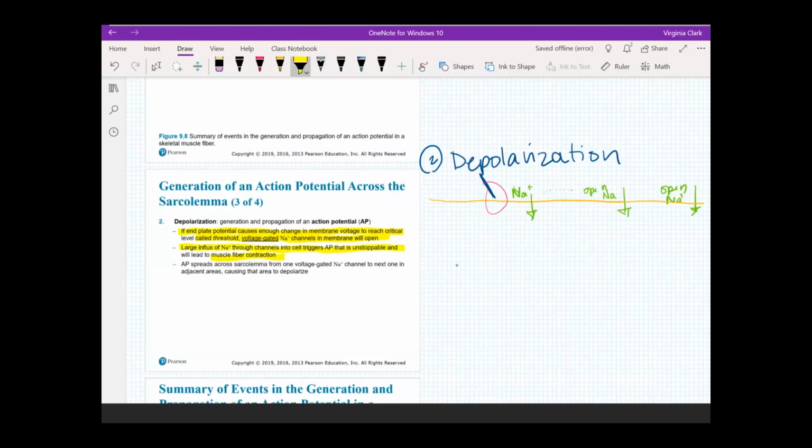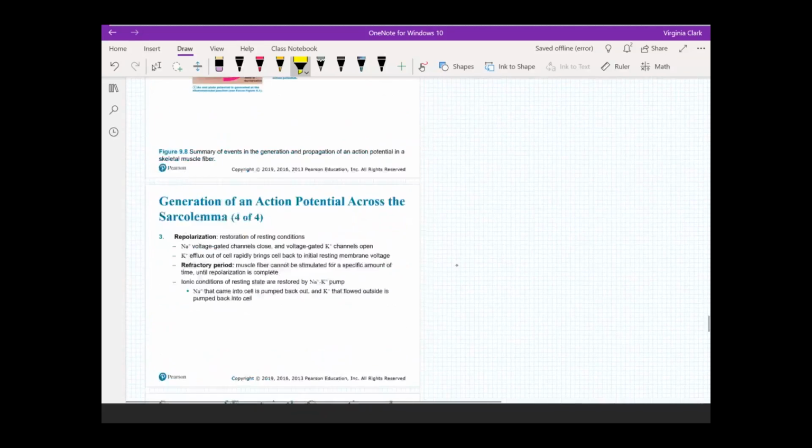This essentially spreads the action potential down the sarcolemma from one voltage-gated sodium area to the next, so everything depolarizes. Down the length of the entire muscle fiber, or the entire straw, you have the influx of sodium. That is the depolarization of the action potential.